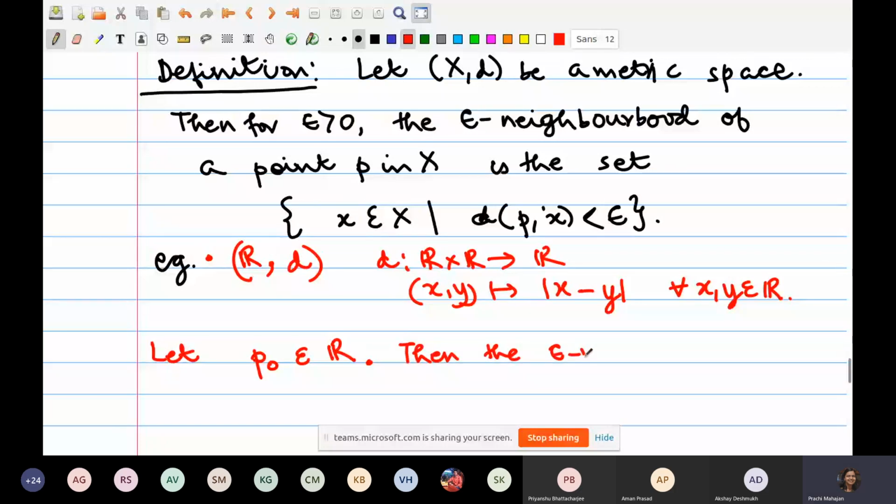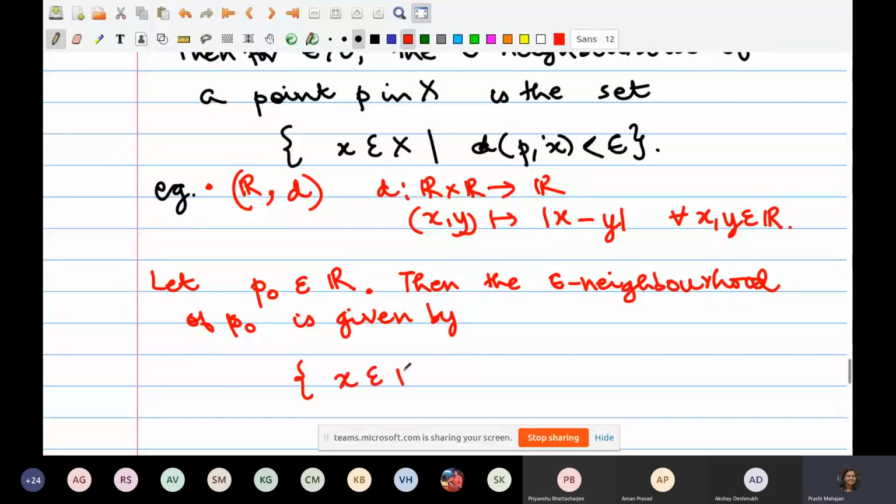Then the epsilon neighborhood of this point P naught is given by definition. It's given by all points in this set which are at a distance at most epsilon from the point P naught.